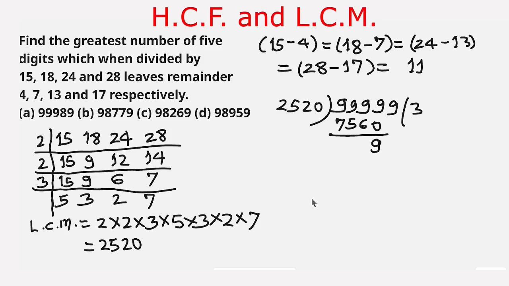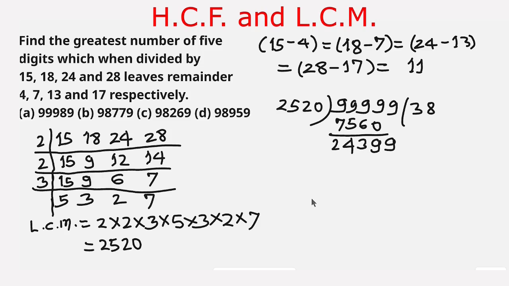On subtracting, we get 9 minus 0 is 9, 9 minus 6 is 3, 9 minus 5 is 4, and 9 minus 7 is 2. We carry down 9. 2520 divides 24,399 for 8 times.